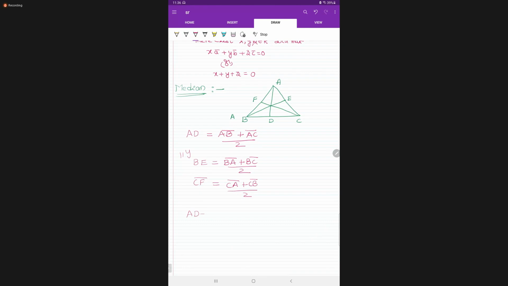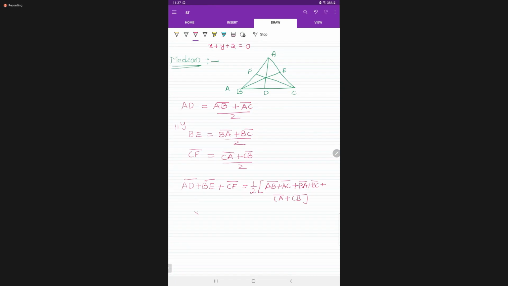AD plus BE plus CF, which we can write as 1 by 2 outside, AB bar plus AC bar plus BA bar plus BC bar plus CA bar plus CB bar.